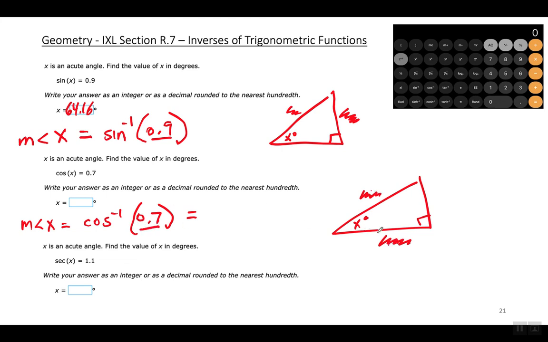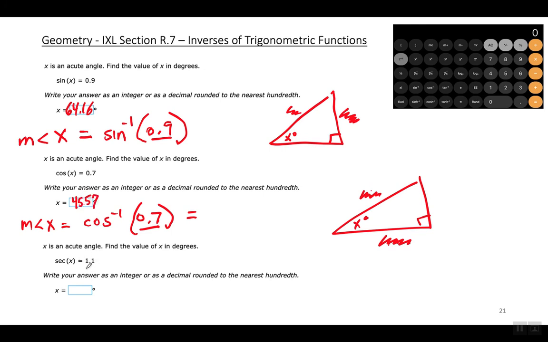This is saying, if you get 0.7, what must this angle measure? That's why in your calculator you put 0.7, inverse of cosine. If I round it to the nearest hundredth, I get 45.57 degrees.